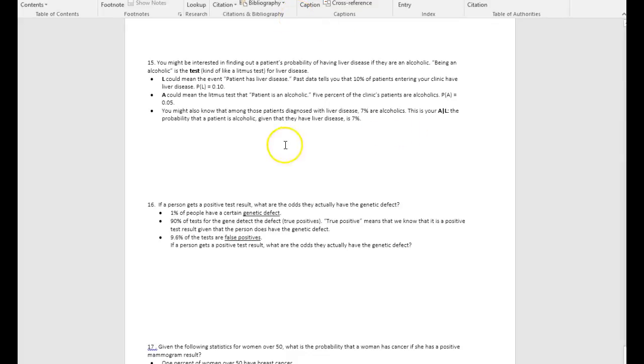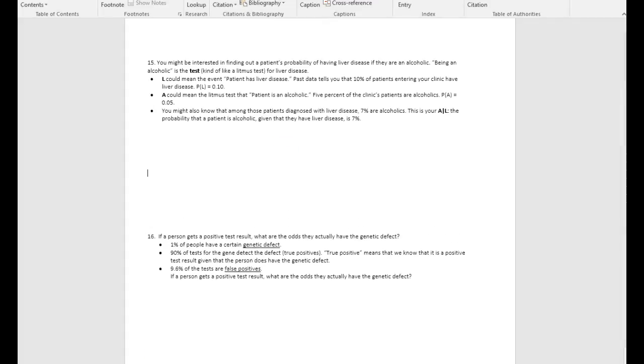All right, 15. You might be interested in finding out a patient's probability of having liver disease if they are an alcoholic. I guess we're interested in that. Being an alcoholic is the test, kind of like a litmus test for liver disease. L could mean the event patient has liver disease.